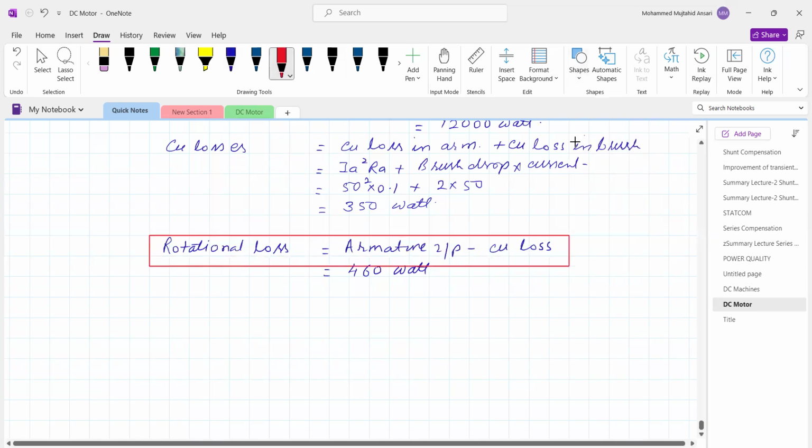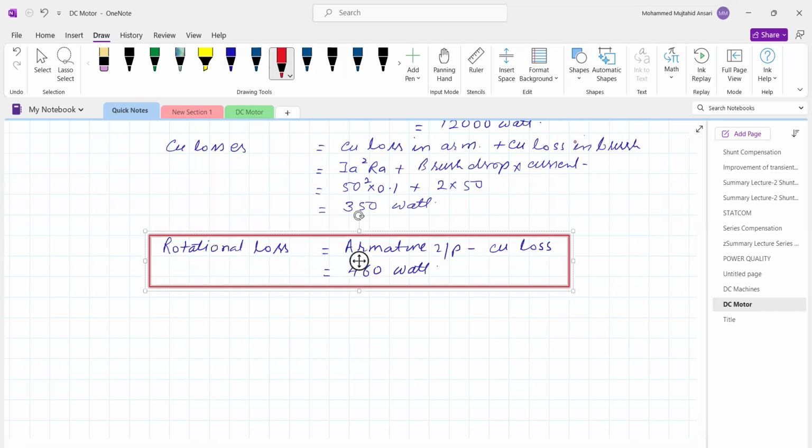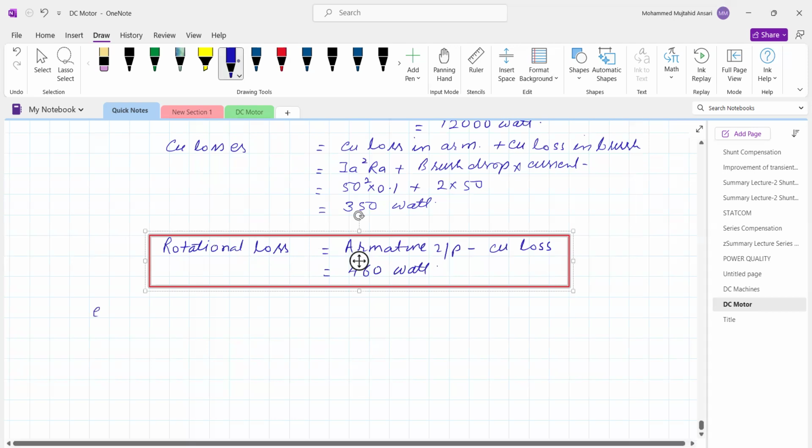To understand these equations or relations, we should remember the power stages in the DC motor. So the next point is efficiency.